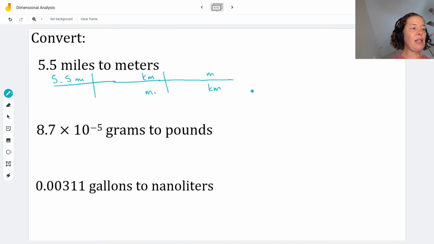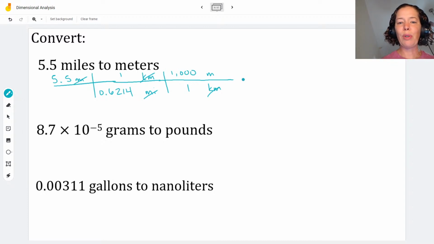Again, I'm pulling these from the table. So in 1 kilometer, there are 0.6214 miles, and then of course there are 1,000 meters in 1 kilometer. Now this one just happened to work out that kilometer was 1 in both cases, but it doesn't matter. That's nothing special. What you really want to see is that the miles cancel, then the kilometers cancel, and you're left with meters at the end. That is what is most important.